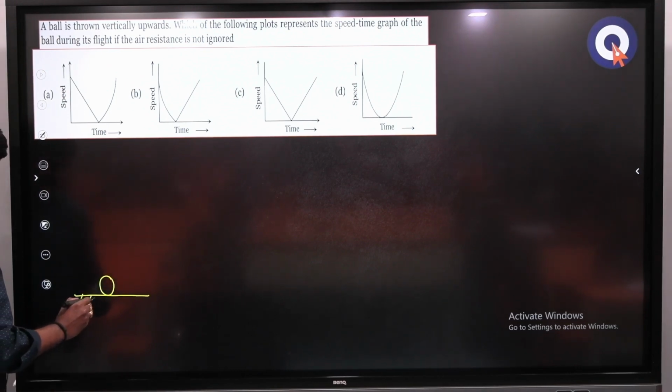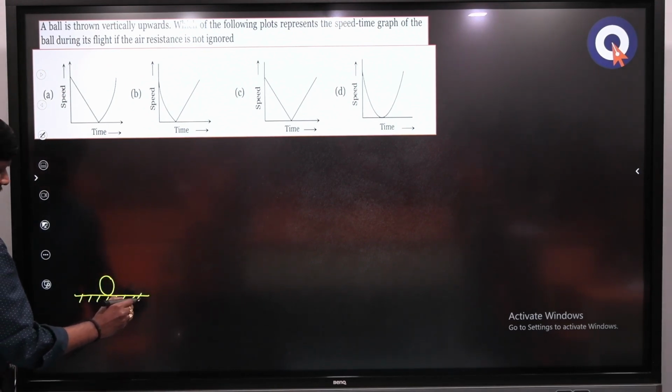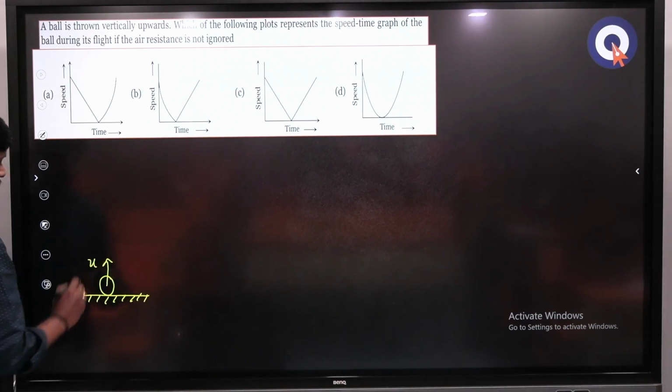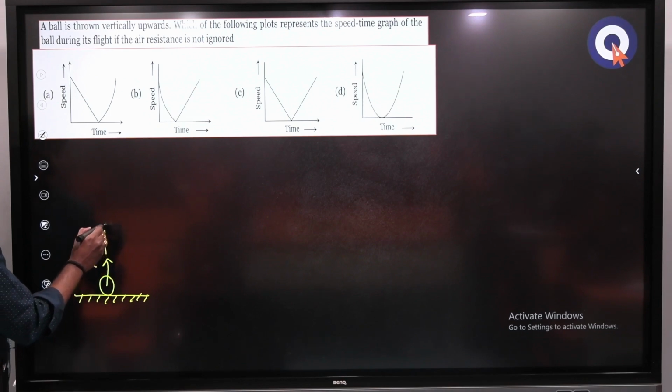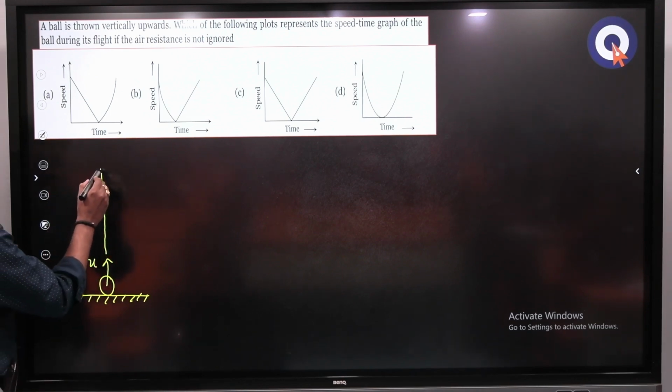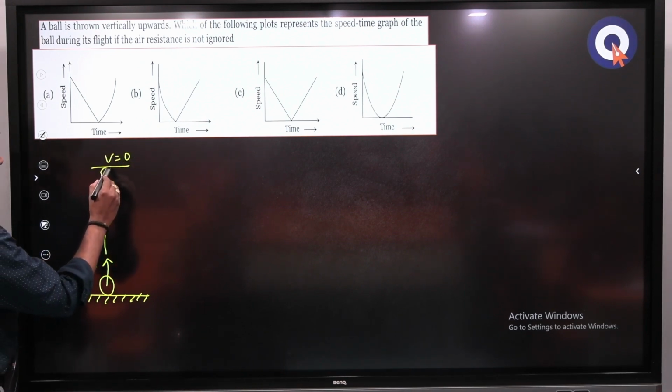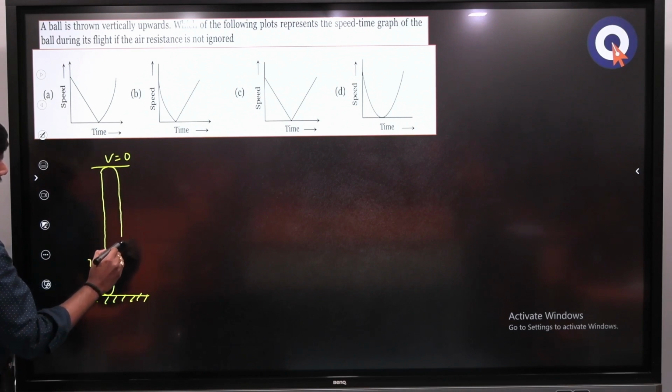From the ground, when a body is projected vertically upwards with initial velocity u, it goes against gravity, reaches the highest point with final velocity 0 at the highest point, and comes back to its original position.